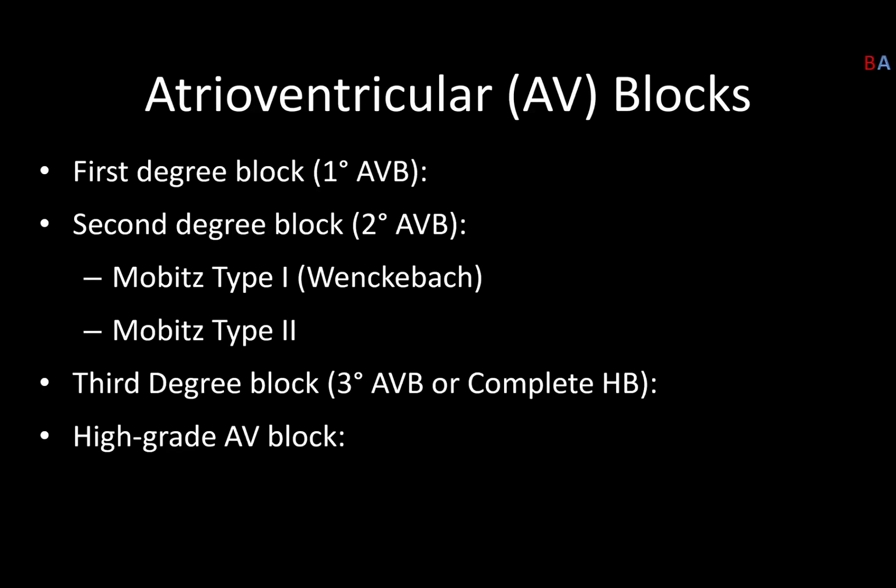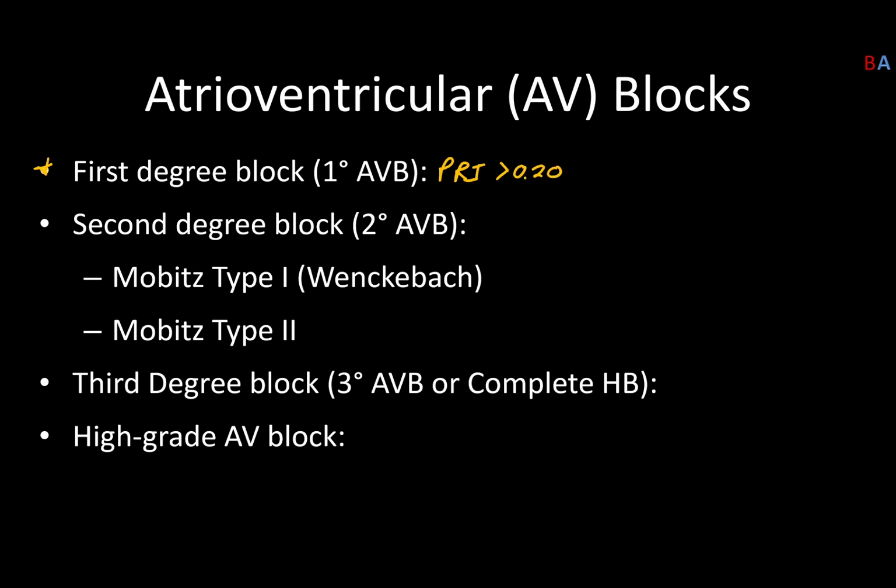This list is combined. It includes both the basic arrhythmia and the advanced arrhythmia group. So we'll start first with the basic arrhythmia list of what all's in here. AV blocks include first degree block, which you've got here, and that quite simply is defined by having a PRI that is greater than 0.20.